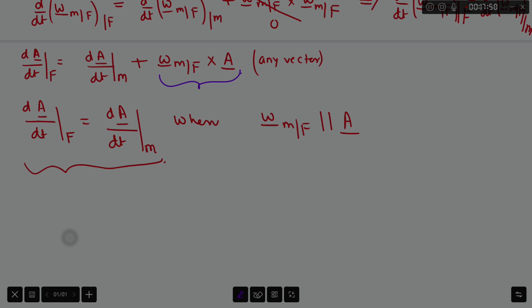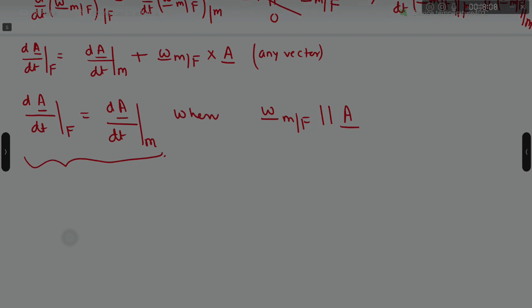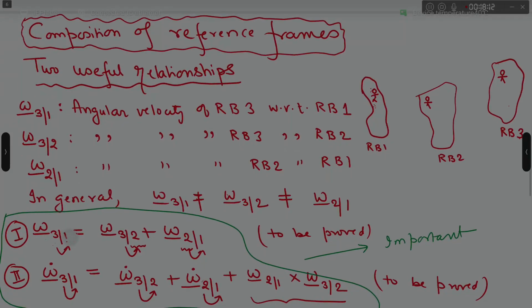And for such vectors, the rate of change with respect to the two frames will remain the same. Okay, this is a side observation we make in the context of the rate of change of vectors.